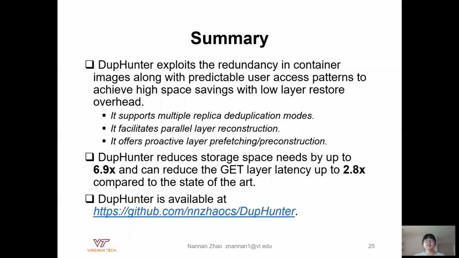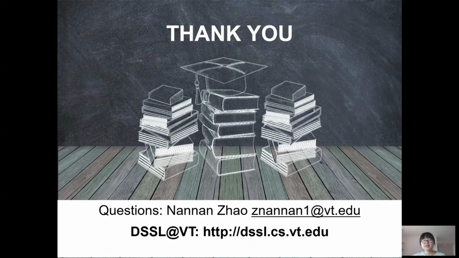Our evaluation with real-world representative traces shows that DupHunter reduces storage space usage by up to 6.9 times. It can also reduce the get layer latency by up to 2.8 times compared to the state of the art. Finally, DupHunter is available at this link.